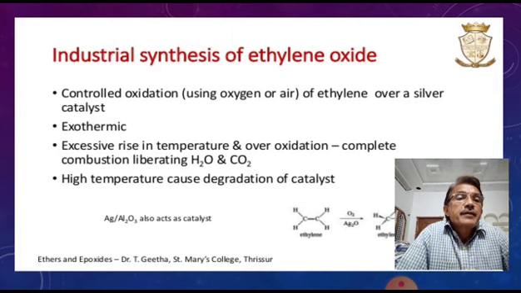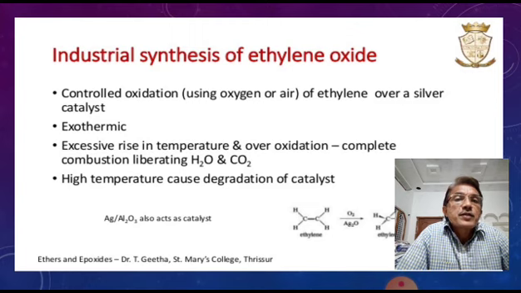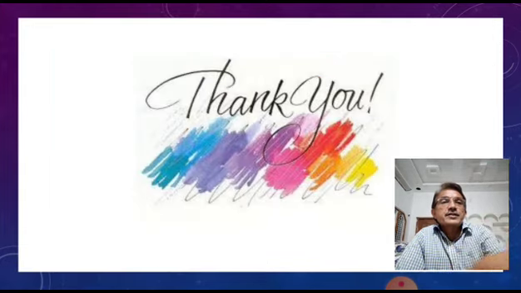Excessive rise in temperature and over-oxidation causes complete combustion, liberating H2O and CO2. High temperature causes degradation of the catalyst. In this reaction, silver oxide may be used as a catalyst. Otherwise, silver may also be used as a catalyst. Silver or alumina Al2O3 may also be used as a catalyst.